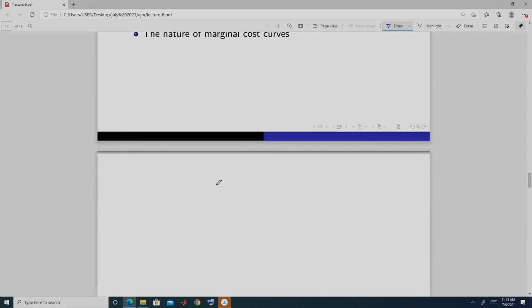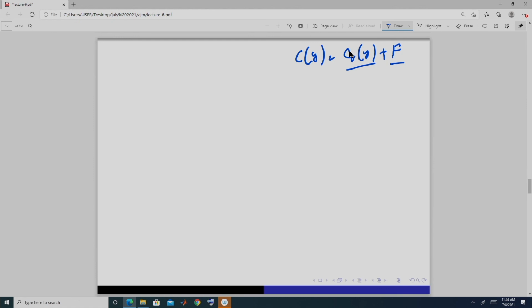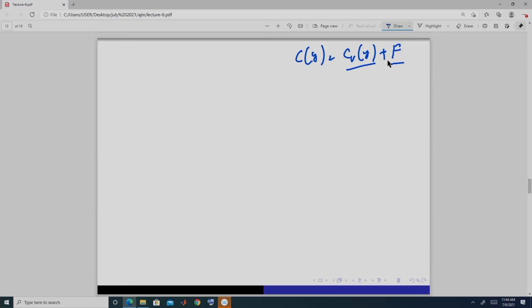Now, we look at the nature of marginal cost. Suppose our cost function is of this nature. So, we have a variable component and we have a fixed component. This is coming from, suppose, a fixed plant size, and this from different combinations of labor and capital, or suppose the capital is fixed and this is the cost you are incurring in the fixed capital, and you can only vary the labor, and that is coming from this.